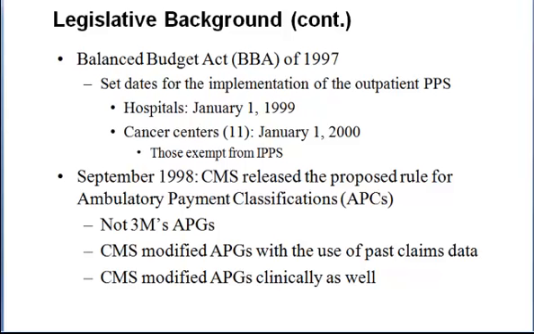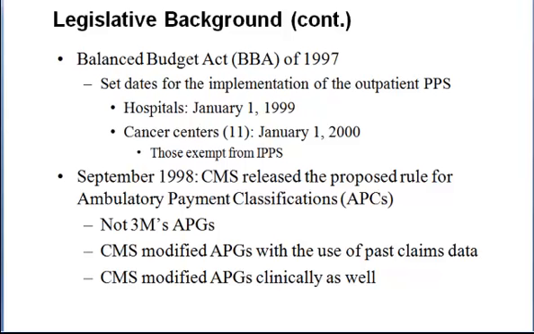That deadline for hospitals was January 1, 1999, and was 1 year later for inpatient prospective payment system exempt cancer centers. In September of '98, CMS released the proposed rule for the new outpatient prospective payment system.